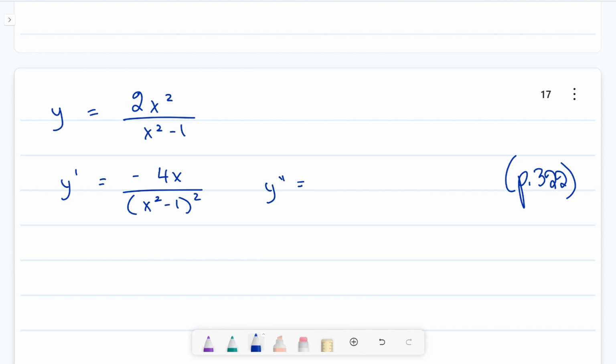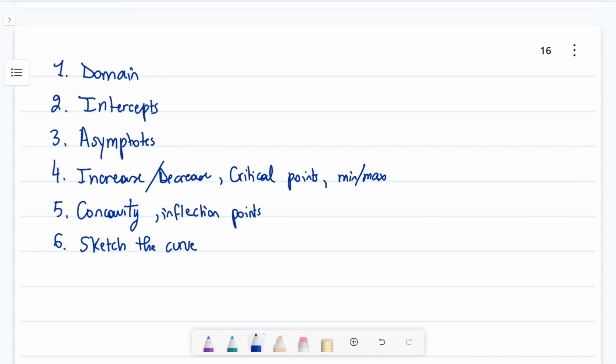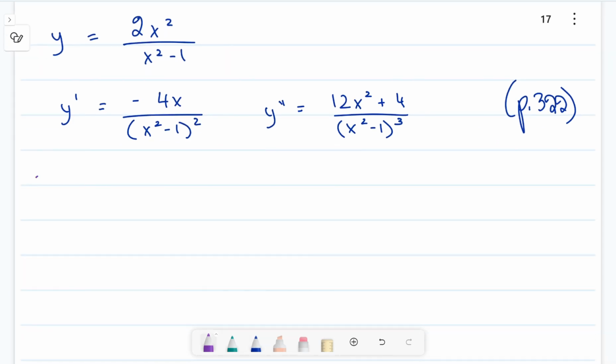And the second derivative is 12x squared plus 4 divided by x squared minus 1 all cubed. So let us start by finding the domain. So this is step 1, domain.